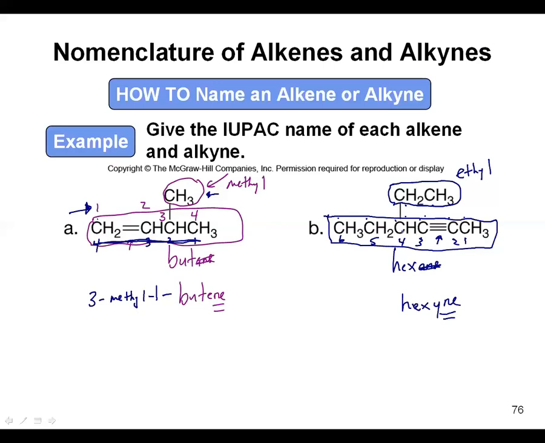So that is 2 hexyne. Again, the 2 is the location of the triple bond. And because we're locked into numbering in this direction, we have to number our ethyl group that way, and that would be 4 ethyl, 2 hexyne. Any questions on those 2 names?